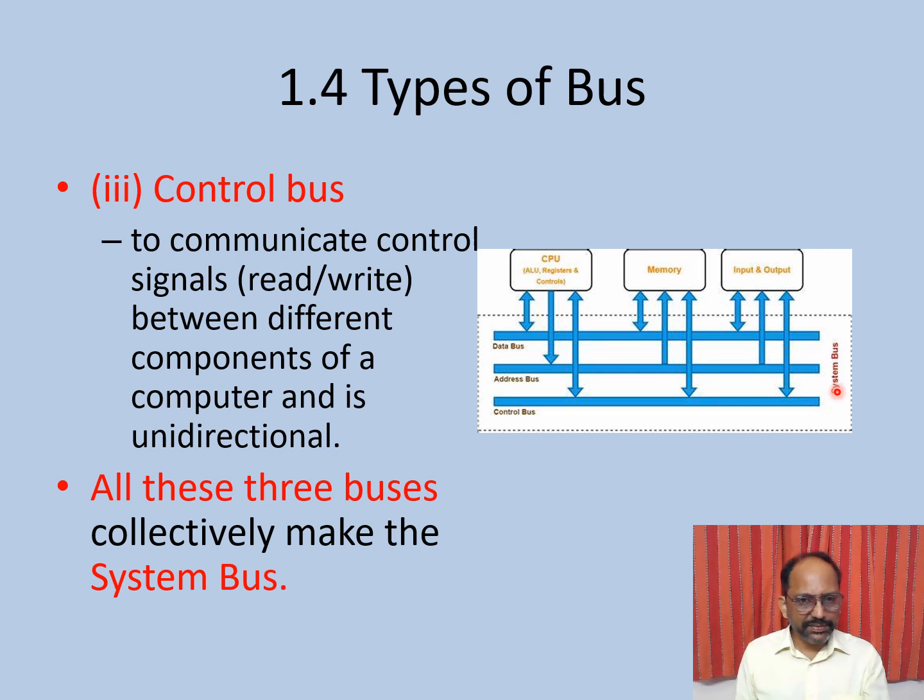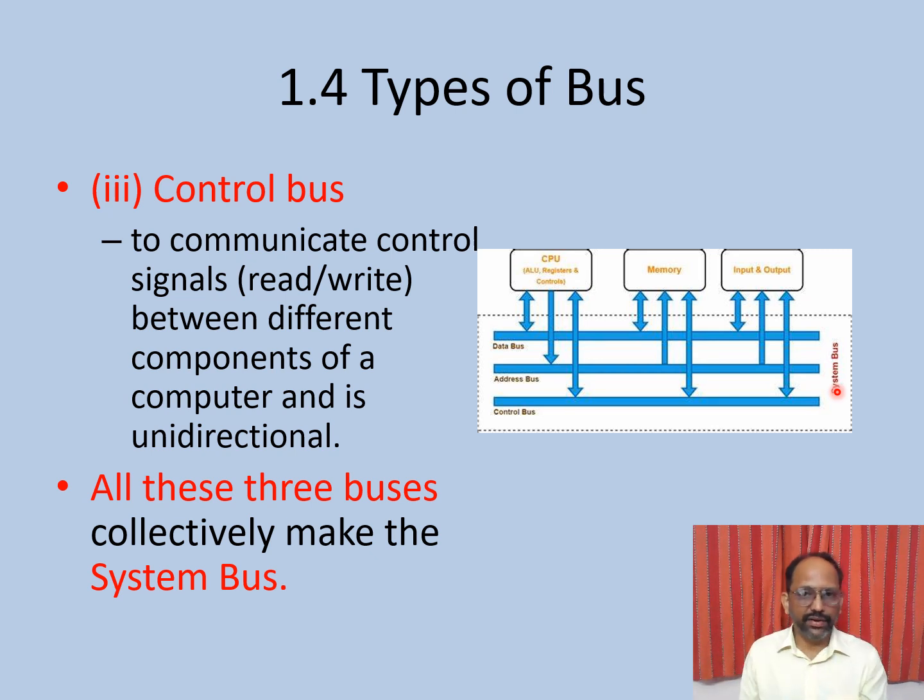Once the address bus sends the address location for the generated result data to be stored in the primary memory, then the data bus carries that data to the address specified by the address bus, and it writes there.